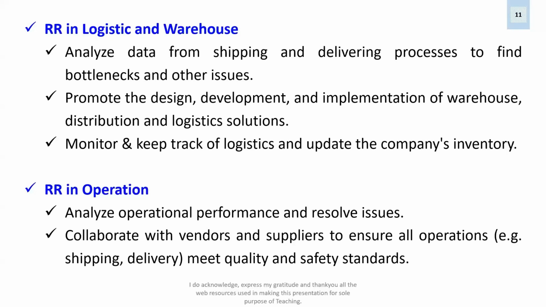And how to ensure the logistic specifications ensure that your quality as produced reaches the customer in the same format, and meeting the safety standards also. That's the most important thing. Safety should not be ignored in all the processes. So that's broadly the roles and responsibilities when it is called operations.